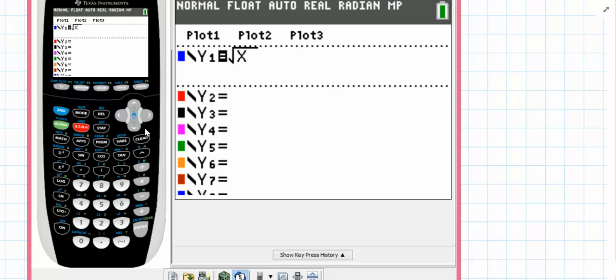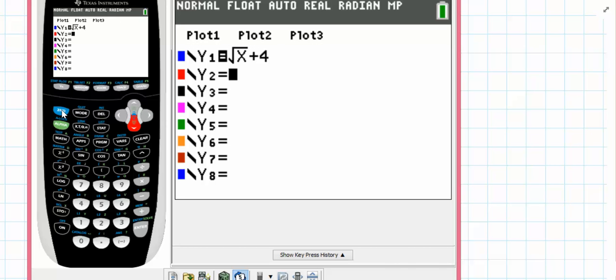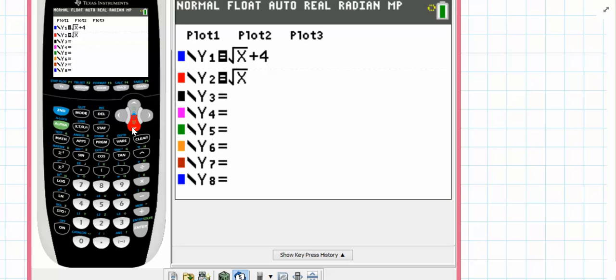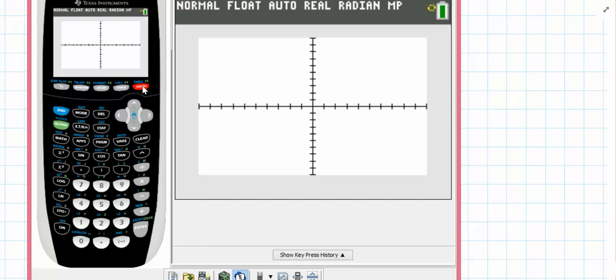And then move your cursor outside and then go plus 4. If we compare that to the regular old function, you would see this right here. So the blue one is the transformation, a vertical transformation up 4 units. The red one is the original graph, f of x equals the square root of x.